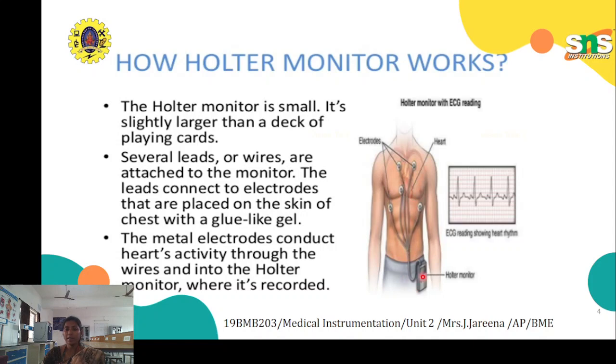One end of the lead is connected to the monitor, the hardware of the device, and the other end is connected to the electrodes, which we place over the chest where we want to tap the signal and record the activity of the heart. This is almost similar to a normal ECG machine. Then where the data is recorded is another important thing we have to consider.